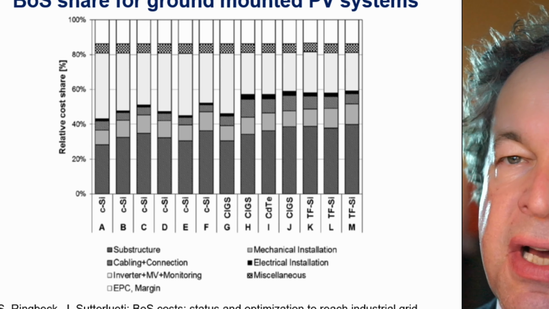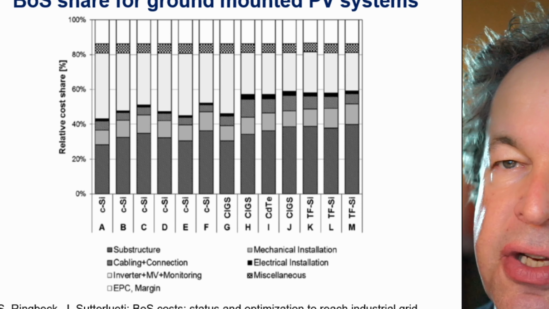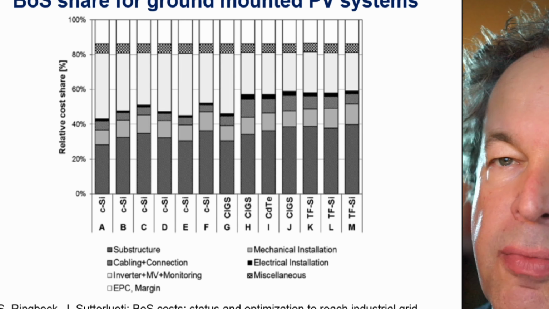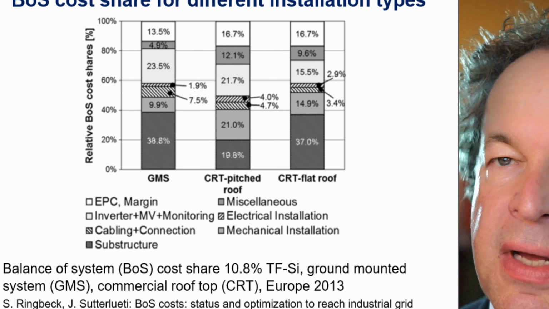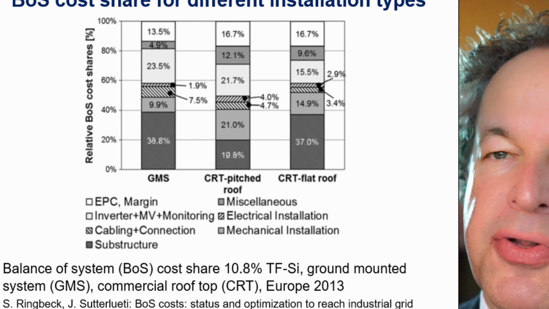Here you see the different cost shares of substructure, mechanical installation, electrical installation, and so on, inverter and EPC. So remember, engineering, procurement, construction. Here you see the different mounting types, GMS means ground-mounted system.